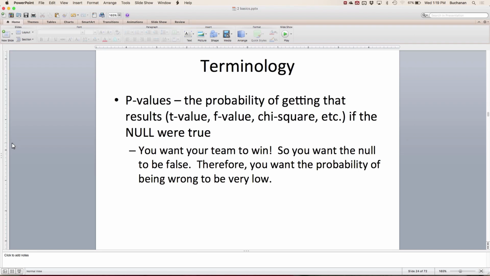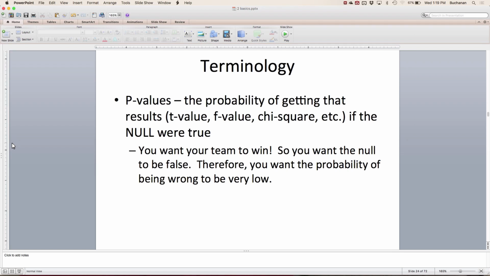So the way we determine that is going to be p-values. And this phrasing you'll want to be sure you study. So it's the probability of getting these results from the study, from the t-test, the F, the chi-square, whatever you're doing, if the null were true. So it's the likelihood of finding these results, or crazier, if there were nothing going on.